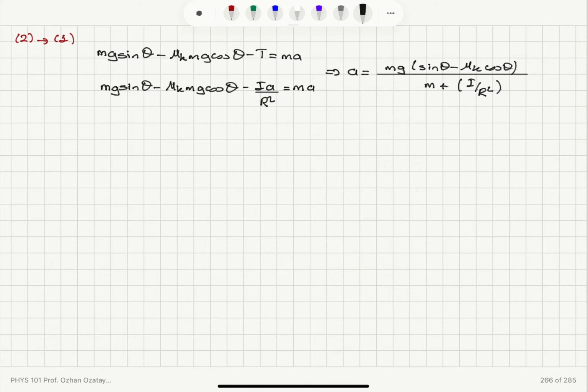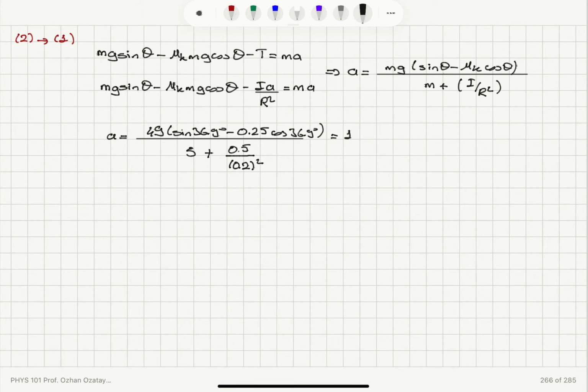So if we substitute the numbers here, mg is 49, sine 36.9 degrees minus 0.25 cosine 36.9 degrees divided by 5 kilograms plus I, which is 0.5 kilograms meter squared, divided by radius 0.2 squared.